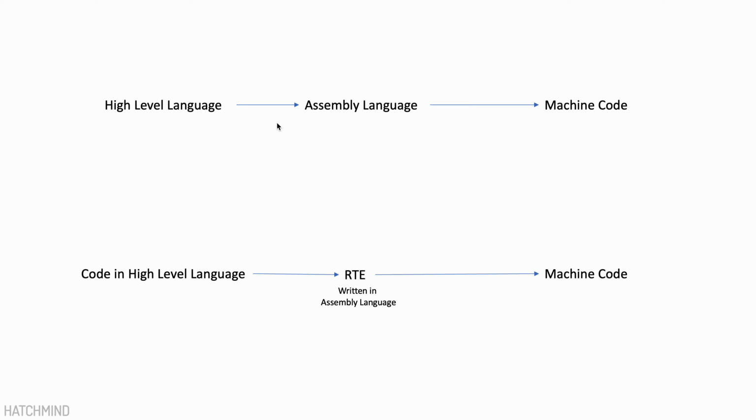The reason I showed you the assembly language is that high level languages are pretty much converted into assembly language and then machine code. So high level languages are pretty much Java, Python, JavaScript.